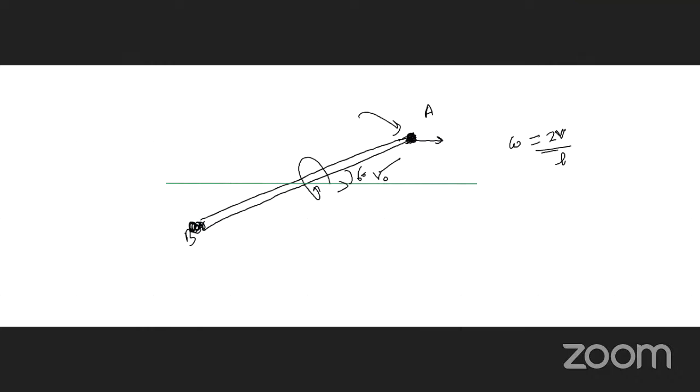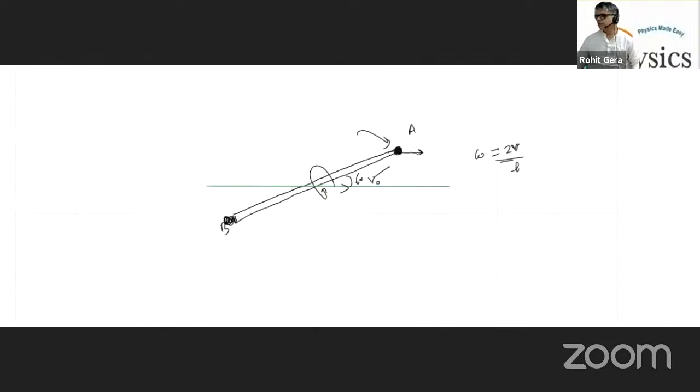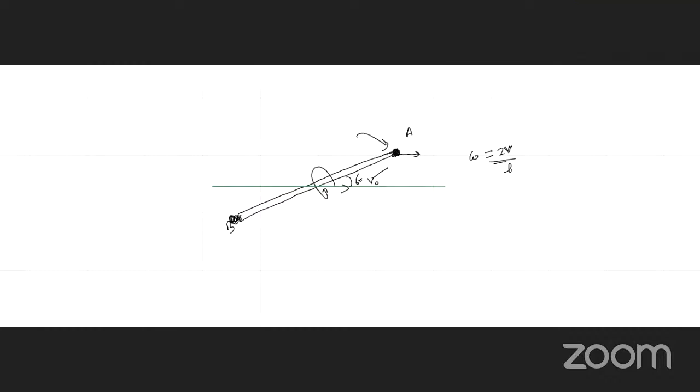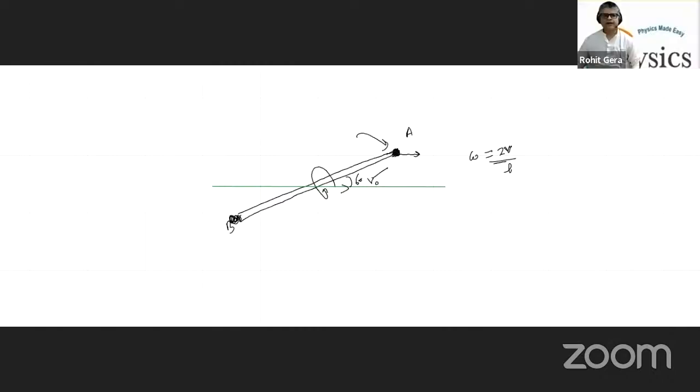Give it a shot if you can. The angle between them is given, but you can still think how the angle can be found out correctly: the angle between omega r and the linear velocity v naught.